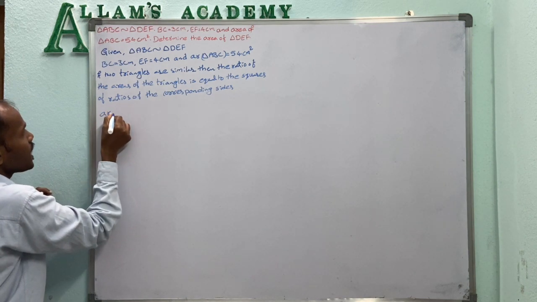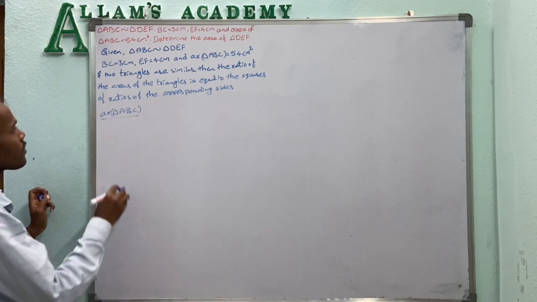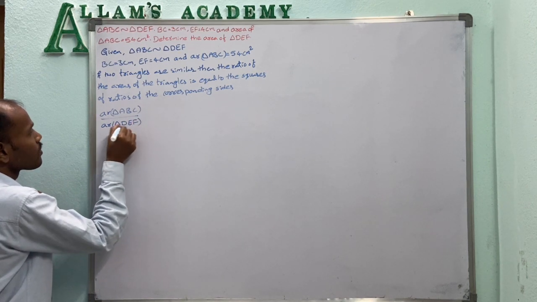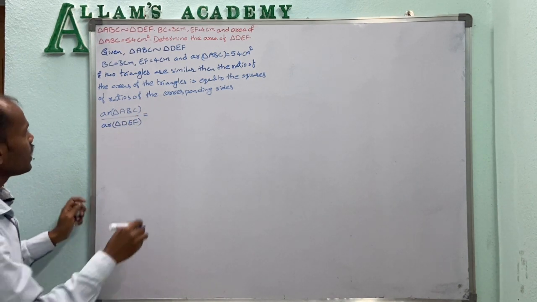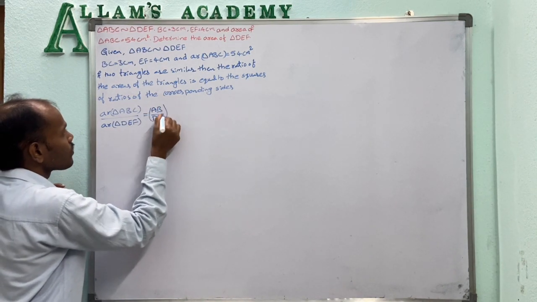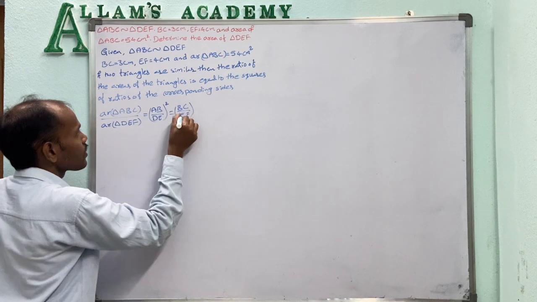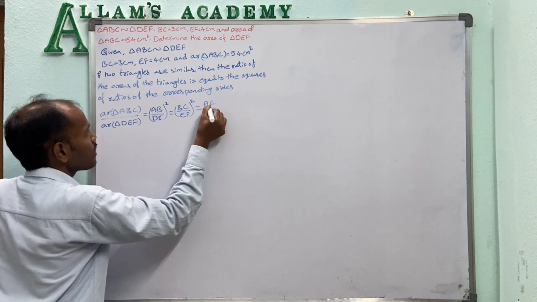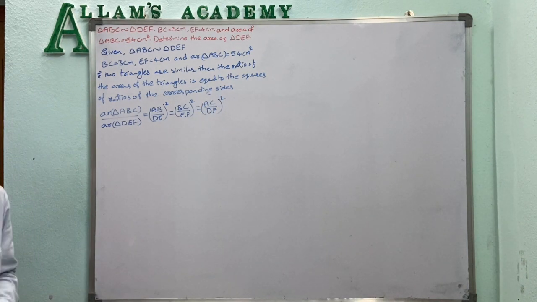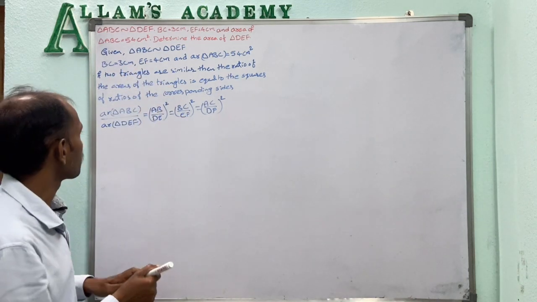So area of triangle ABC by area of triangle DEF is nothing but AB by DE whole square, equal to BC by EF whole square, equal to AC by DF whole square. But here we are given only the sides BC and EF, so for that purpose we will take those.